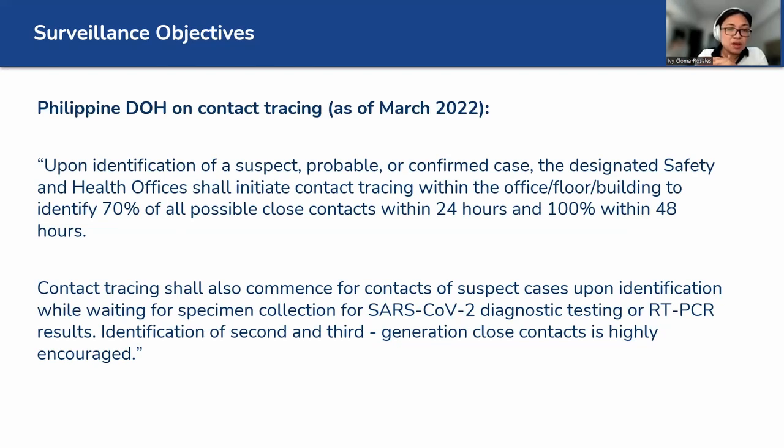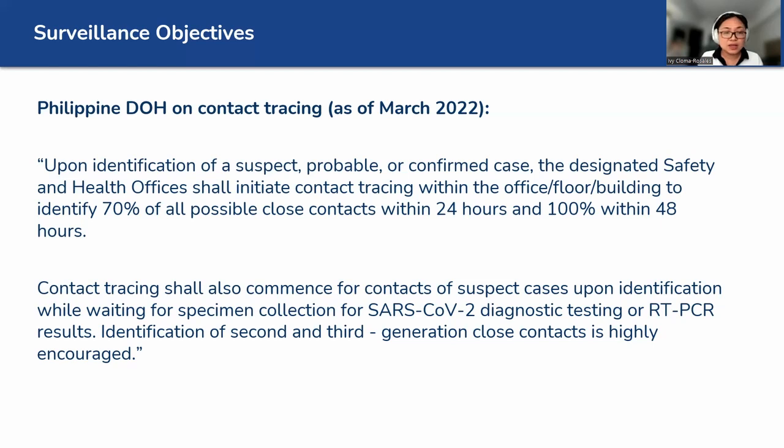So their own objectives are: upon identification of a suspect, probable or confirmed case, the designated safety and health offices, and I'm sure in your school you will have your own safety and health office, shall initiate contact tracing within the office, floor, building to identify 70% at least of all possible close contacts within 24 hours and 100% within 48 hours.